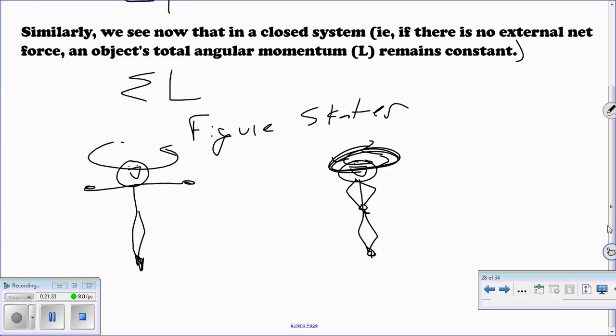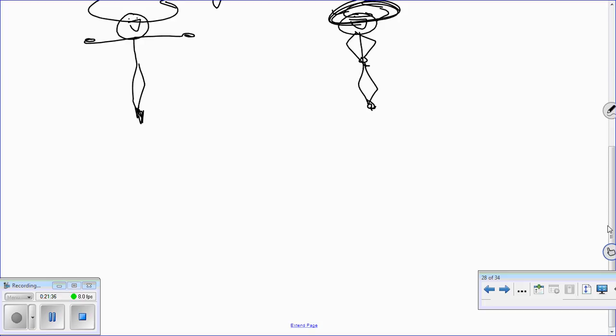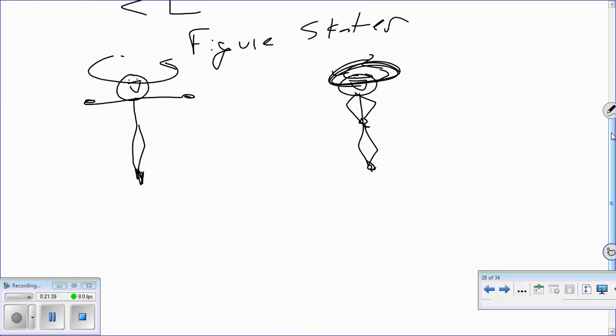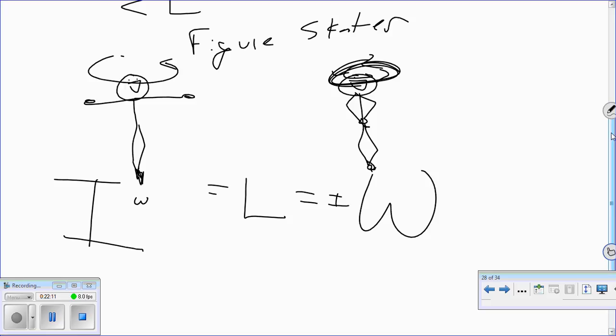So the idea is, in both cases, he's got the same angular momentum. Angular momentum is I times omega, right? Over here, with his arms out, he's got mass distributed far from his center of mass, so he's got a large inertia and a small angular velocity. When he pulls his arms in, he's decreasing that inertia. And the result is, well, if I got smaller, then omega must get bigger to compensate, right?